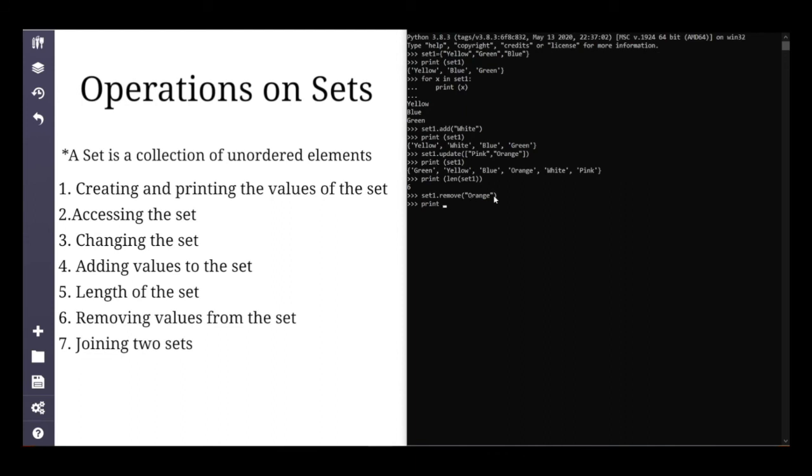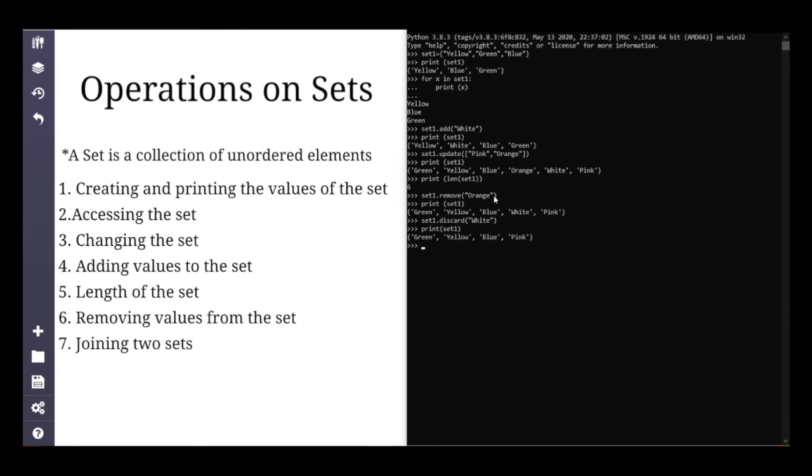Print, and we do not see any orange here. Now let's discard. So set1 dot discard white. And we do not see any white.